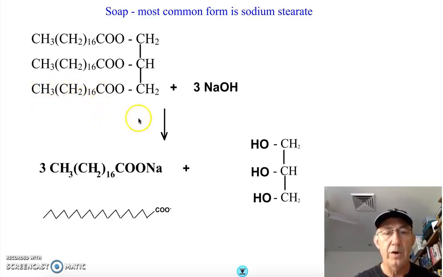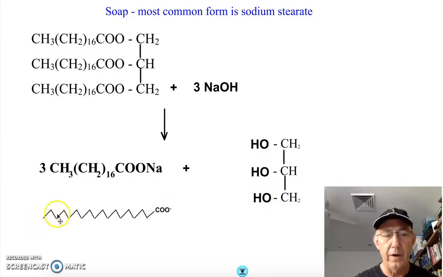Okay, so this is the equation you must memorize: the fat or the oil plus 3 sodium hydroxides will make the sodium salt of the carboxylic acid, and this molecule, which has 2 names. Its common name is glycerol, its correct name is 1,2,3-propanetriol.